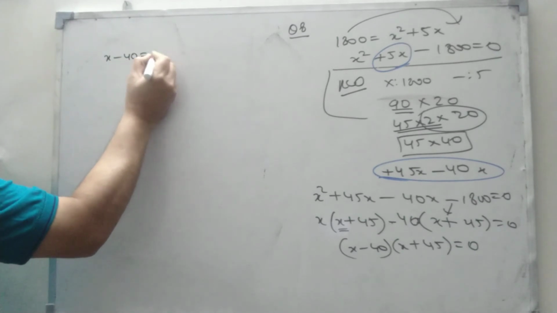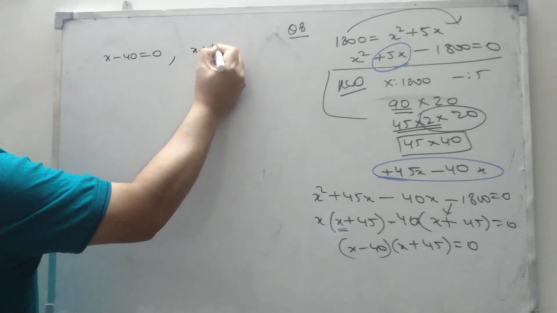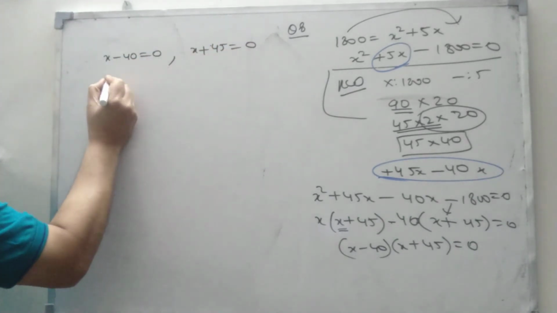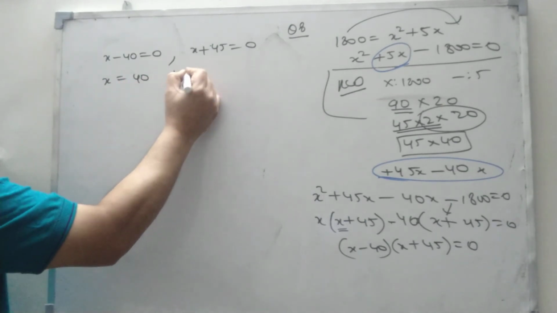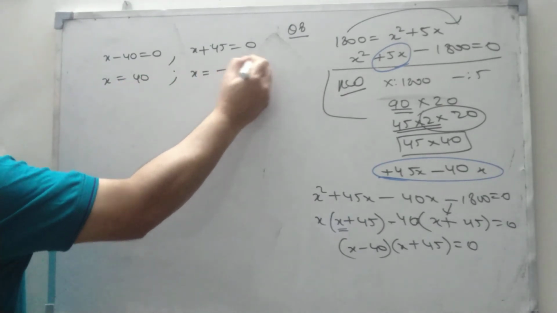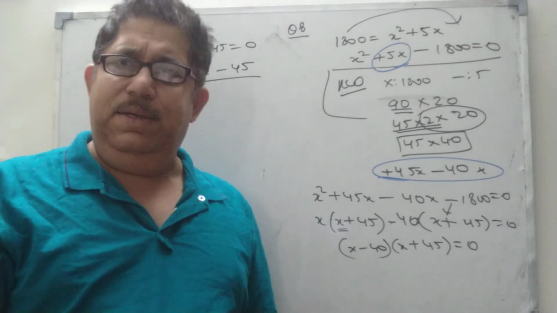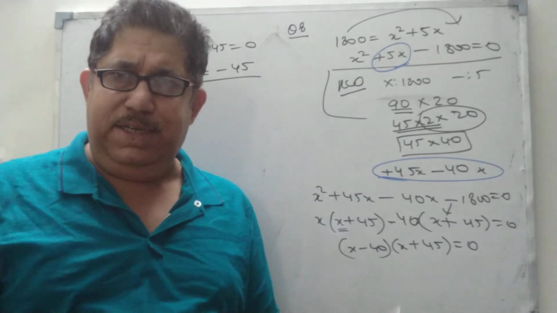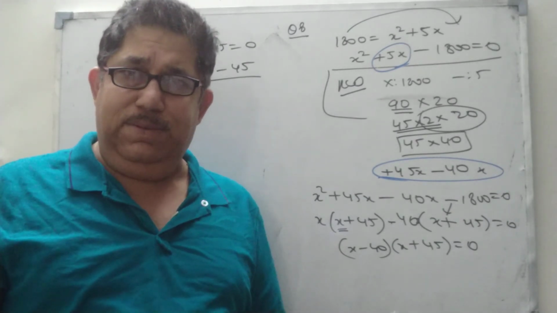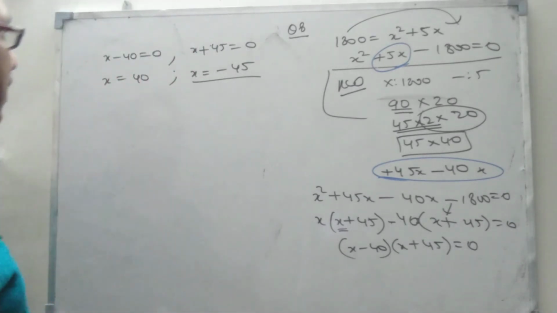x minus 40 equal to 0, x plus 45 equal to 0. So x is equal to 40, x is equal to minus 45. Obviously, speed of a train cannot be negative. Everybody knows, how can you have a train running minus 2 kilometers per hour or minus 100 kilometers per hour?